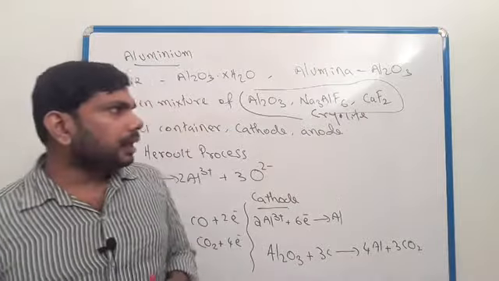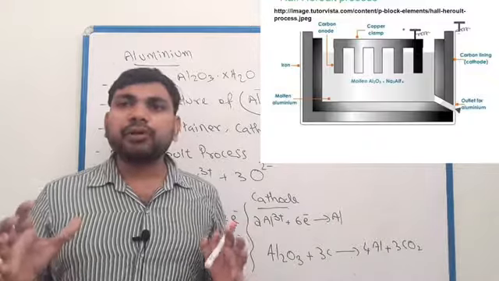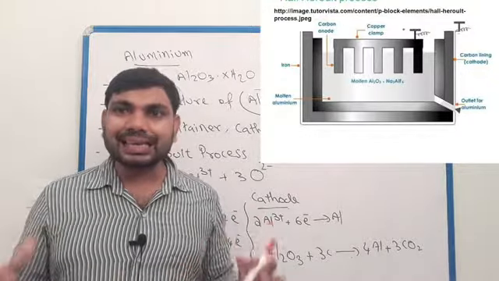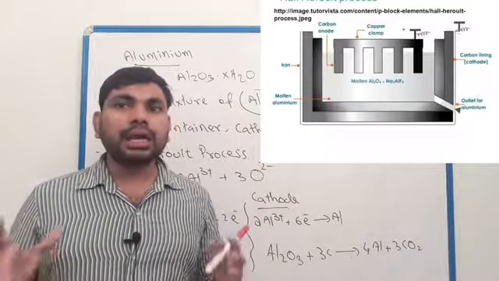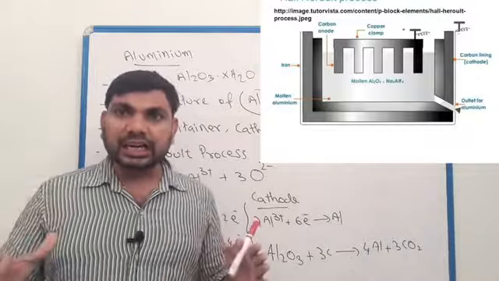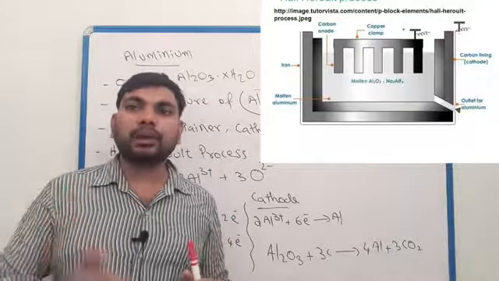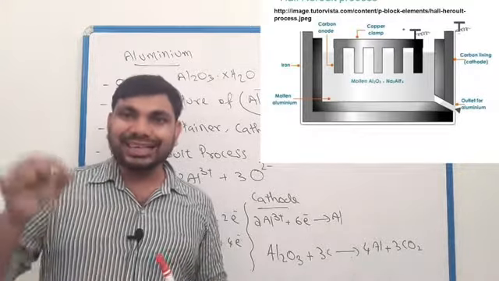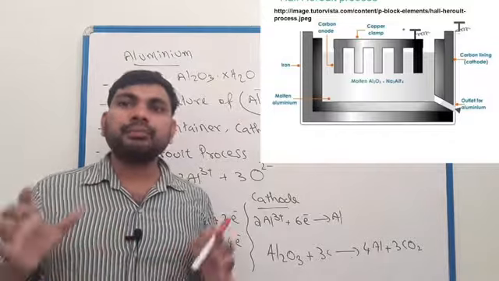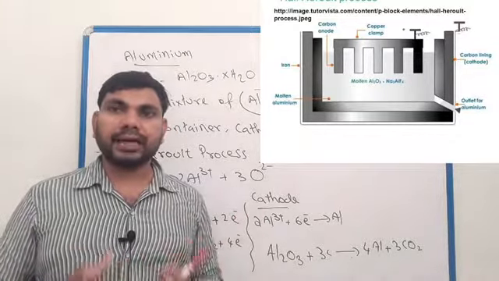Clear? And look at this diagram, this type of container is used for electrolysis. A steel container is used for electrolysis of molten aluminium. The inner part of the steel container is lined with carbon, and this carbon lining acts as the cathode.